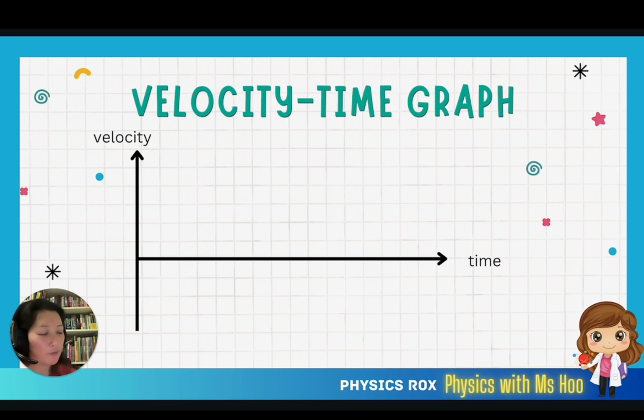If we have a section of the graph where the velocity is zero, it means zero velocity. If the velocity is changing like this, increasing velocity, it could be a curve, it could be a straight line, it could be decreasing velocity like this.